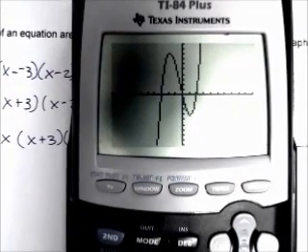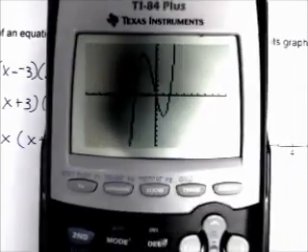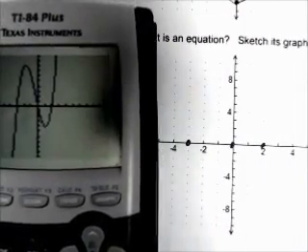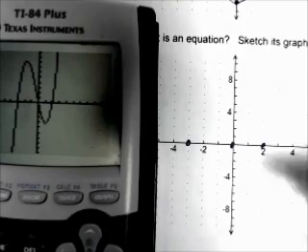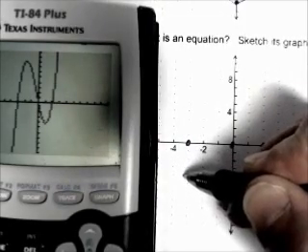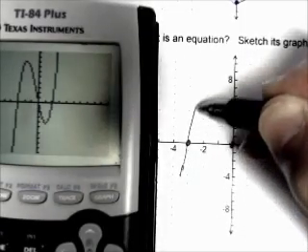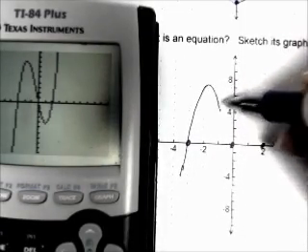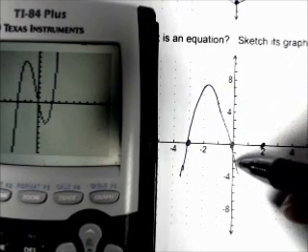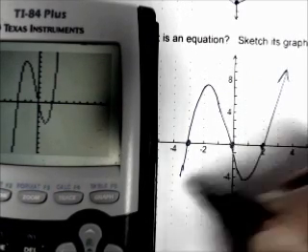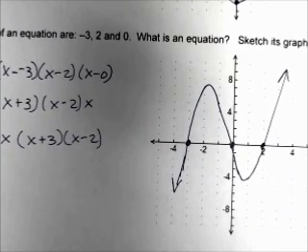Oh, there we have a nice graph. Again, this is a sketch. Make sure your arrows are going the right way, okay? And this concludes our lesson for tonight.